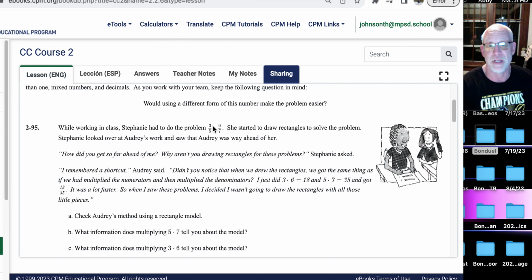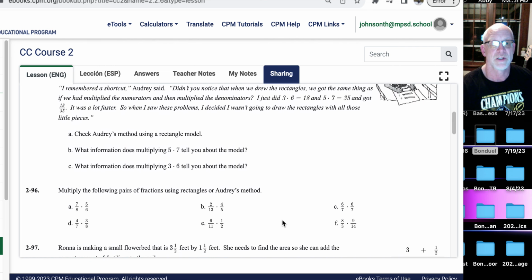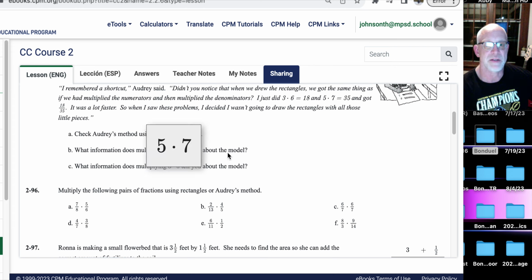So I went 3 times 6 is 18, and then I went 5 times 7 is 35, and I got 18/35. It's a lot faster. So when I saw these problems, I decided I wasn't going to draw the rectangles with all the pieces. Check Audrey's methods using a rectangle tool. What information does multiplying 5 times 7 tell you about the model?